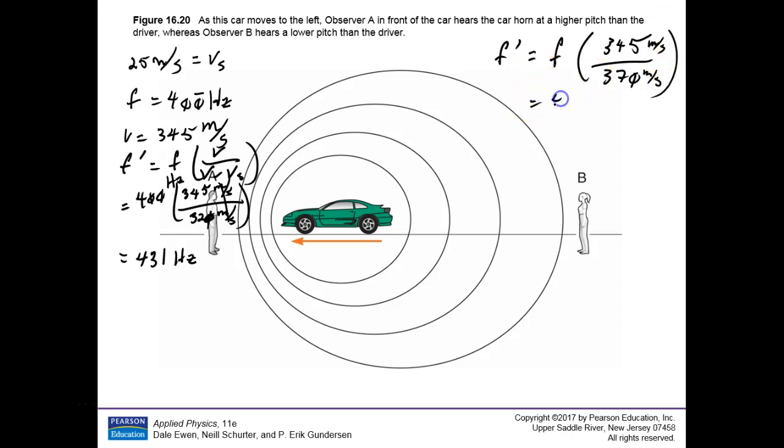Okay, and this was your 400 hertz times that factor there, and what you get the frequency once it passes. 345 divided by 370 times 400. 372.97.